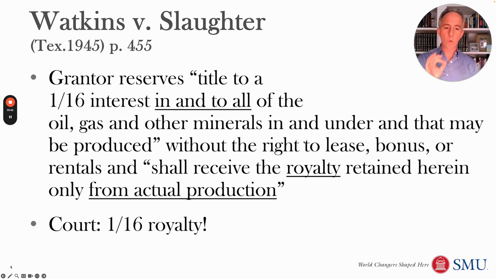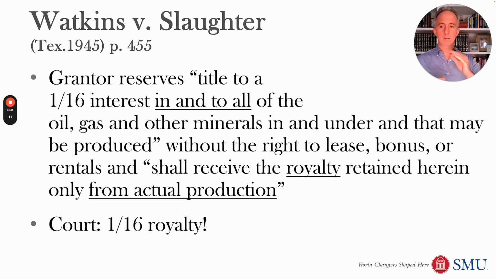So it seems more like that in and under language was a mistake, because what was really intended to be described was a royalty, rather than a deliberate process of describing a mineral interest and then taking away everything but the royalty. Frankly, the other thing that may be going on here is that probably the most common interest somebody would retain is 1/2 of the lease royalty, right?